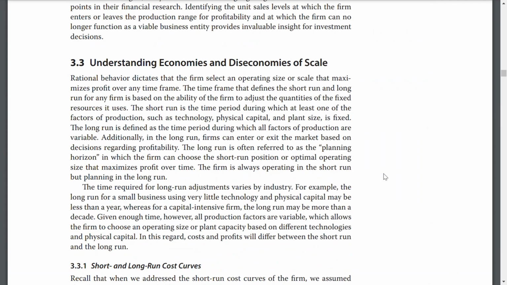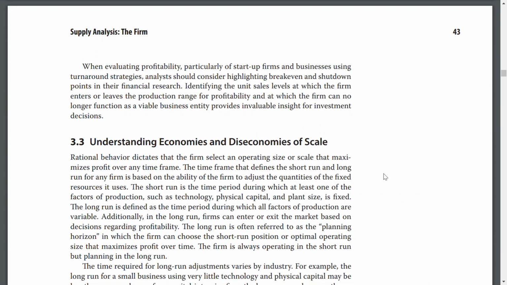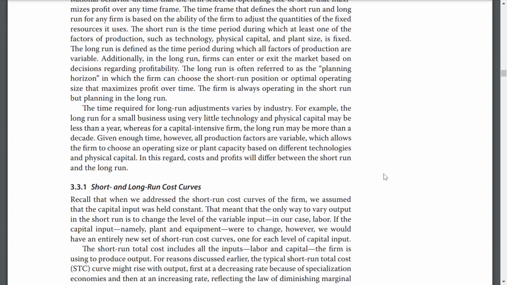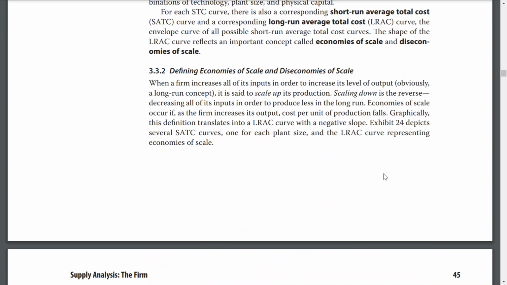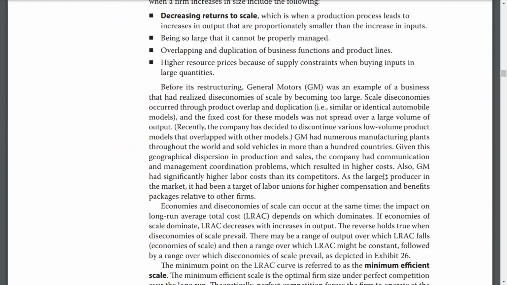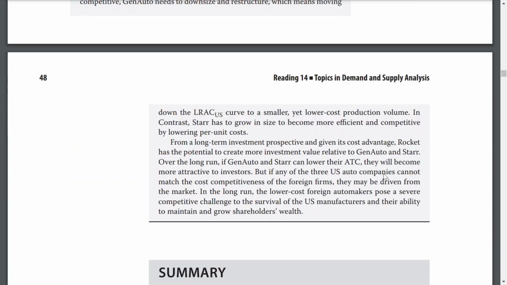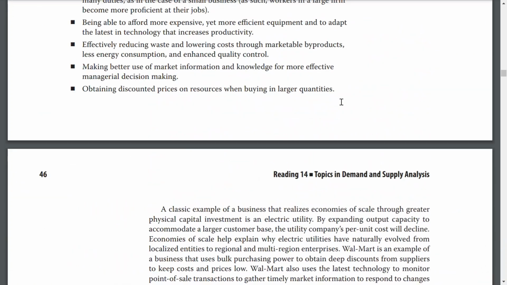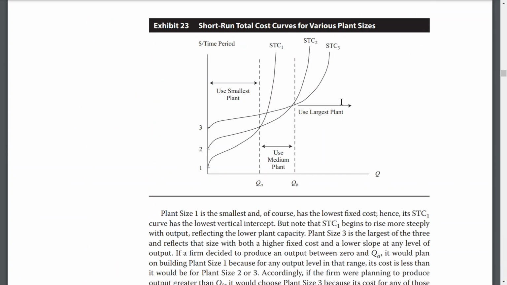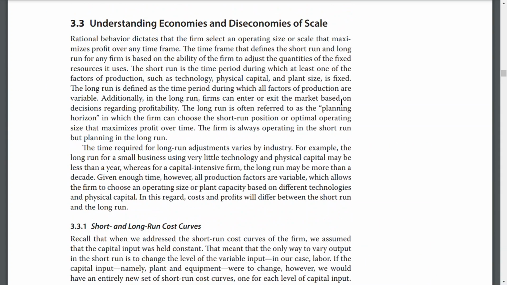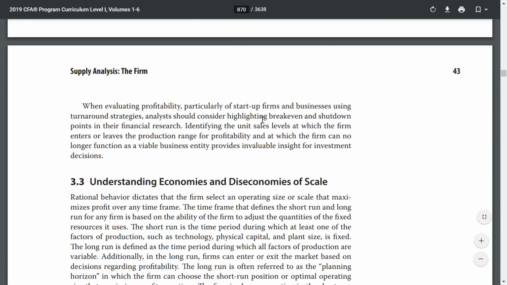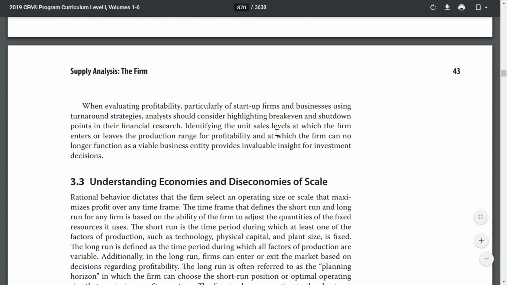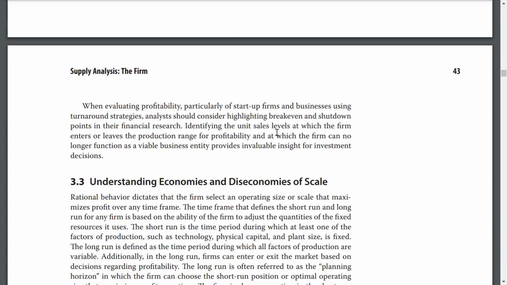When evaluating profitability, particularly for startup firms and businesses using turnaround strategies, analysts should consider highlighting break-even and shutdown prices in the financial research.